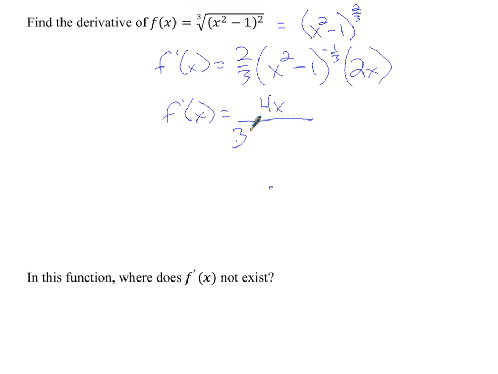Over 3, parentheses, x squared minus 1 to the 1/3 power. Yeah, it would be the cube root, but I'm going to leave it as the 1/3 power. Okay, so that is the derivative function. That's the answer.